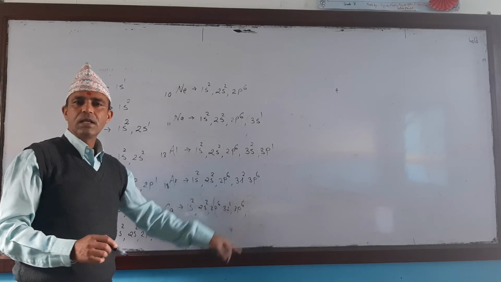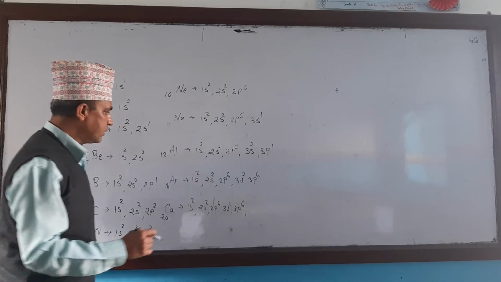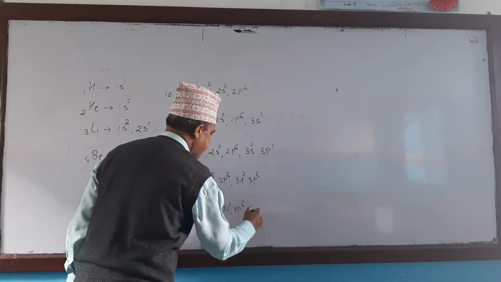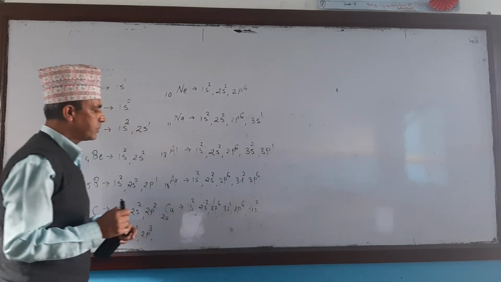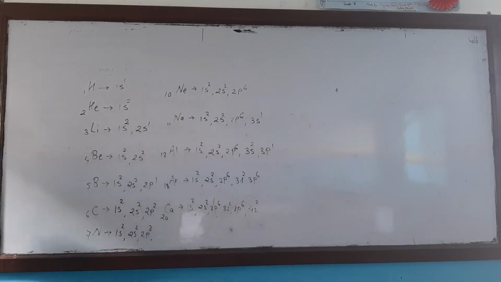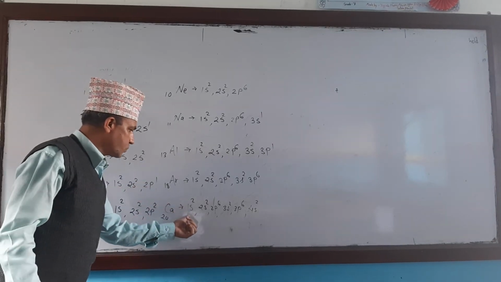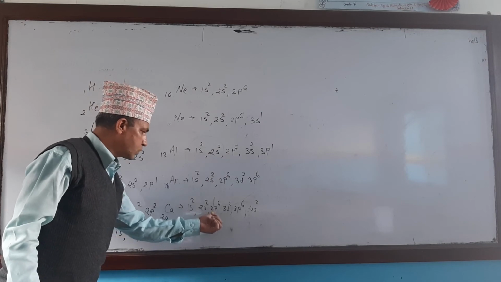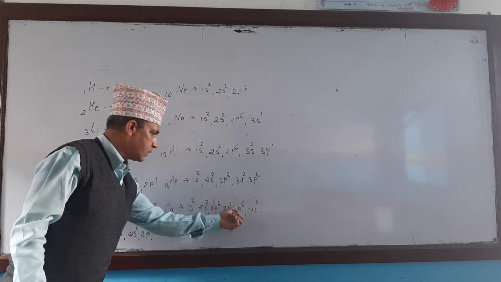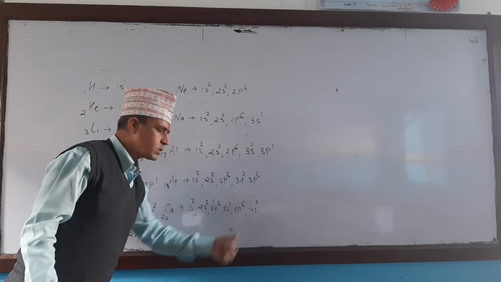Now, which orbital comes after 3p? 4s. 2 electrons are there. That is the electronic configuration of calcium: 1s2, 2s2, 2p6, 3s2, 3p6, 4s2.